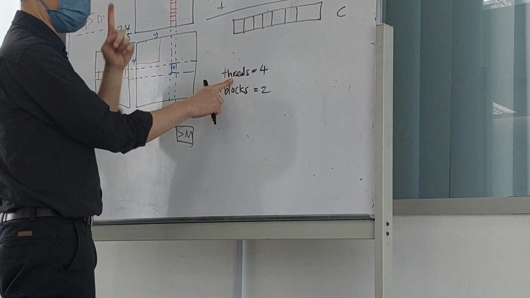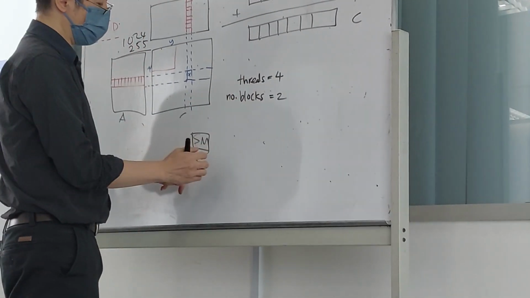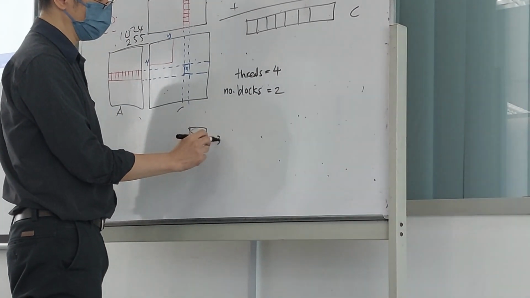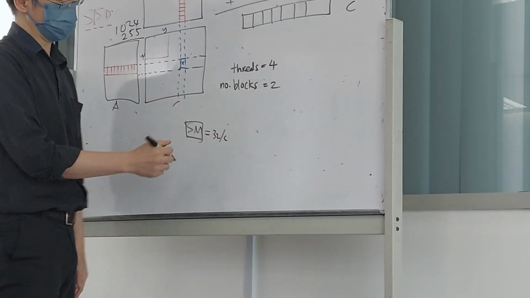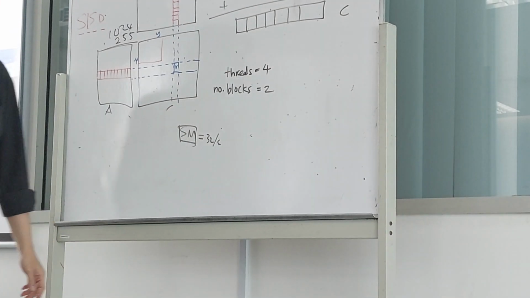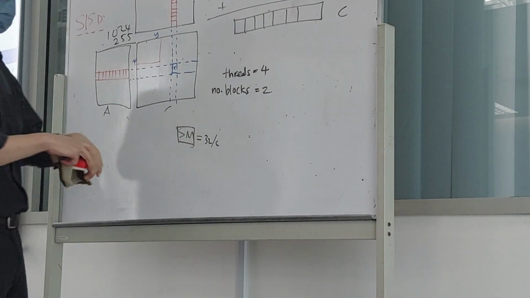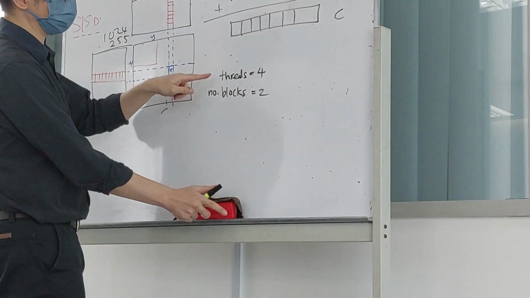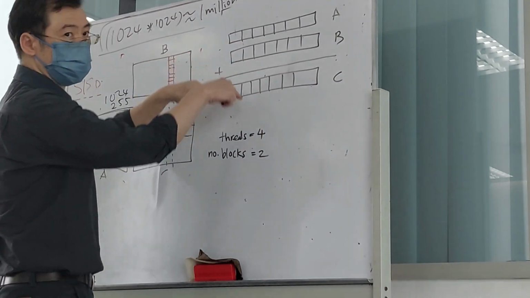So one thread, one core. And how many streaming processors inside there? It can be 32, it can be 64, depending on the technology or the version of the NVIDIA GPU. Okay. So it will assign this streaming processor to this thread to execute it.